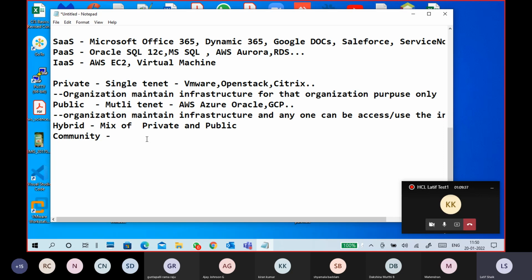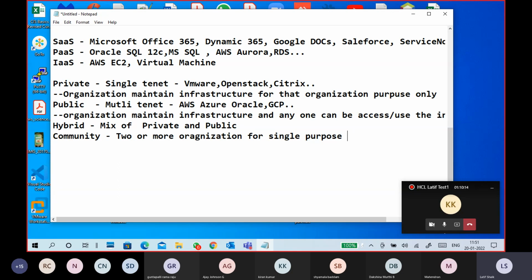Community cloud means two or more organizations belong to a community cloud, for a single purpose or a single maintenance purpose.